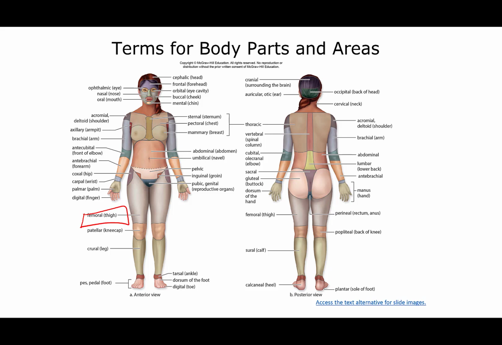And as you go through other structures, the bone at this femoral region you call a femur. A muscle at the femoral region is a femoris. And we also have a femoral vein, femoral artery, and femoral nerve. You see how just learning the term femoral, you just learned the terms of so many more things.